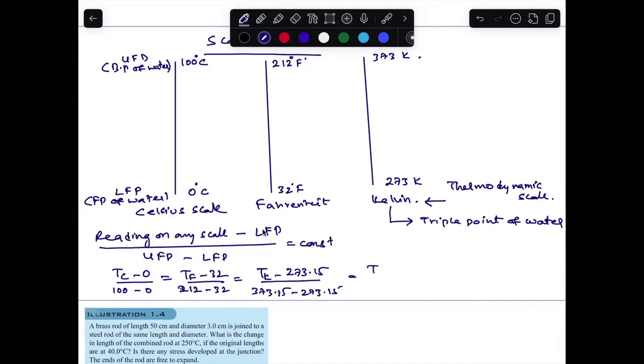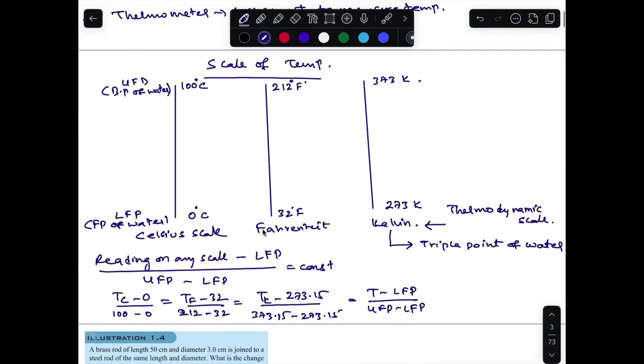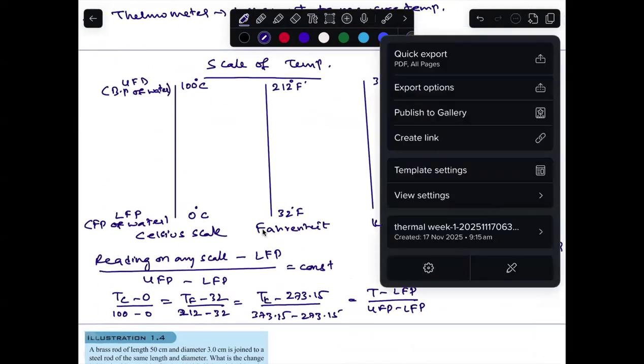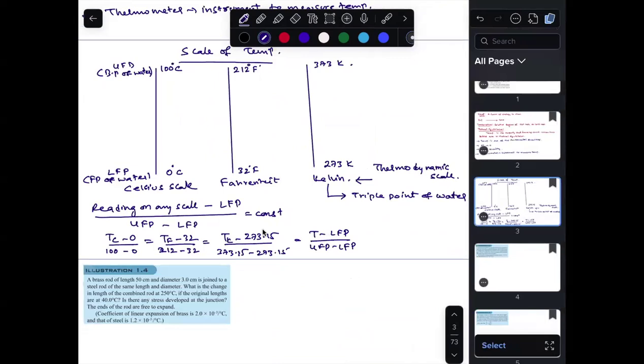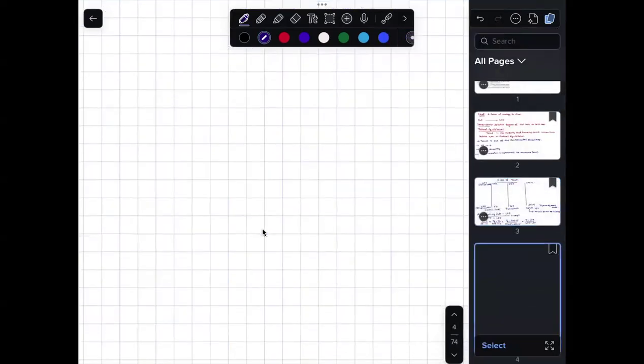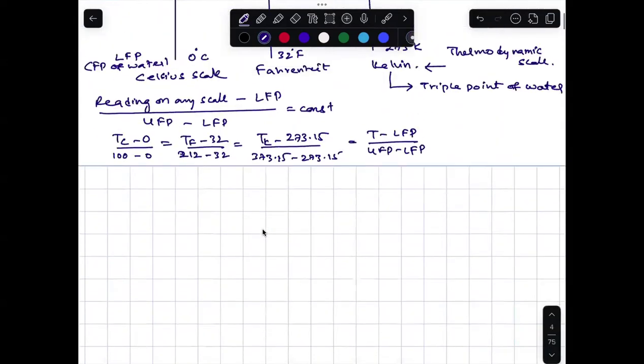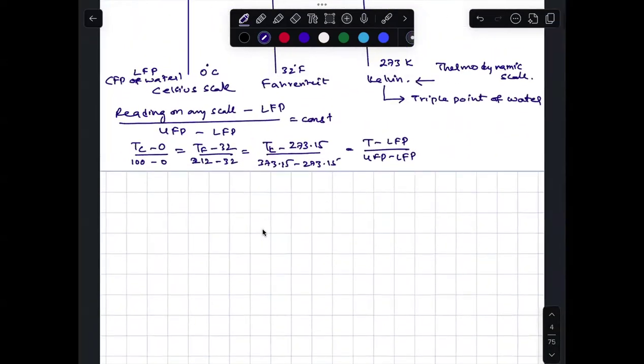That is, your temperature minus lower fixing point by upper fixing point minus lower fixing point. That is how we design any thermometer.